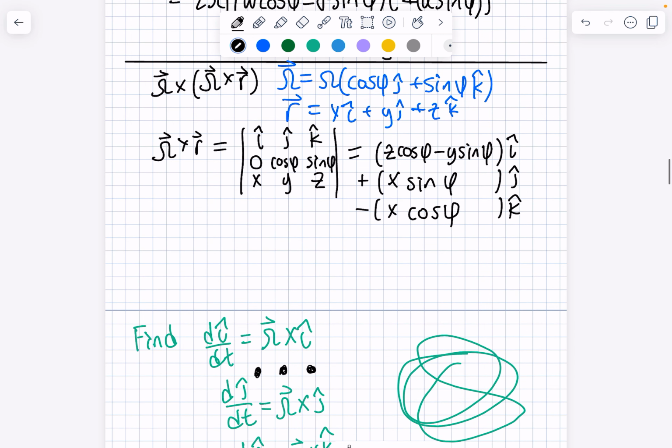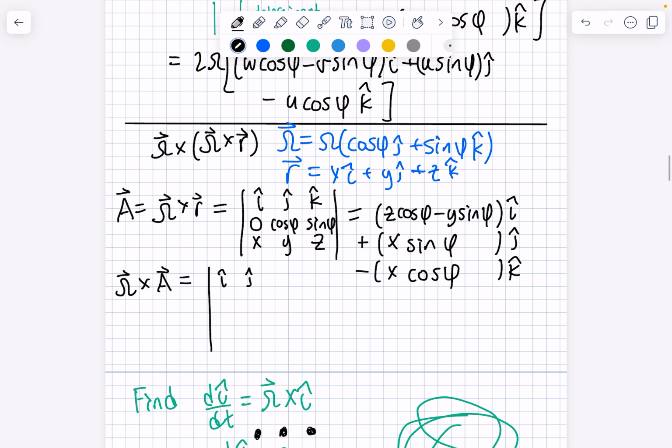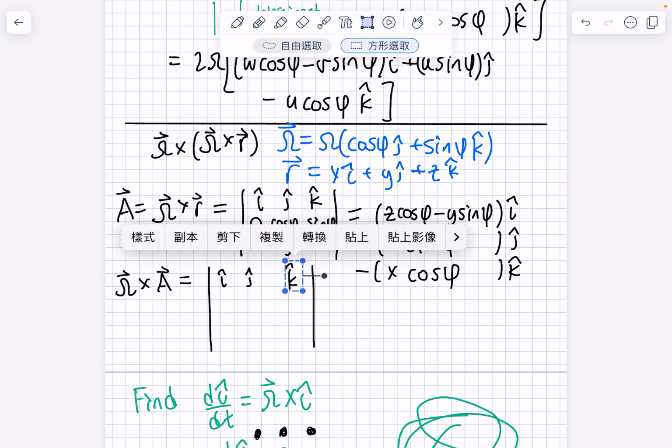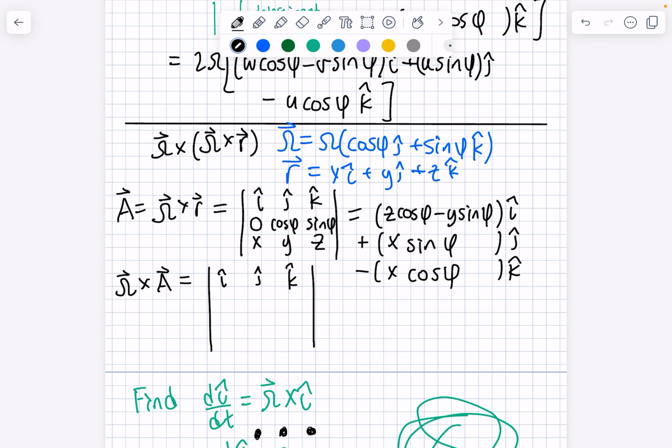Now we need to do the final step, which is, let's just call this A. So we'll have omega cross A is equal to the determinant of I, j, k, 0 cosine phi sine phi. Then we put these three terms in here.